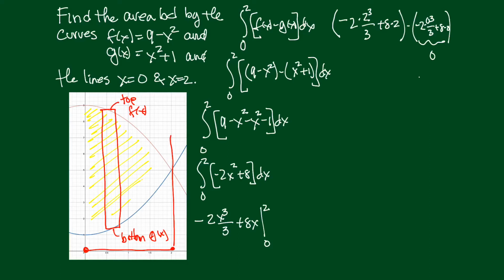All that is 0, so that's just out. 2 cubed is 8, times negative 2 is negative 16 over 3. So we're looking at negative 16 over 3 plus 16. Writing that over 3, 3 times 16 is 48. So we get 32 over 3 square units.